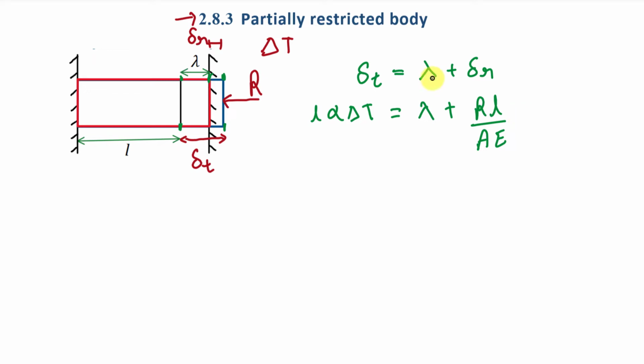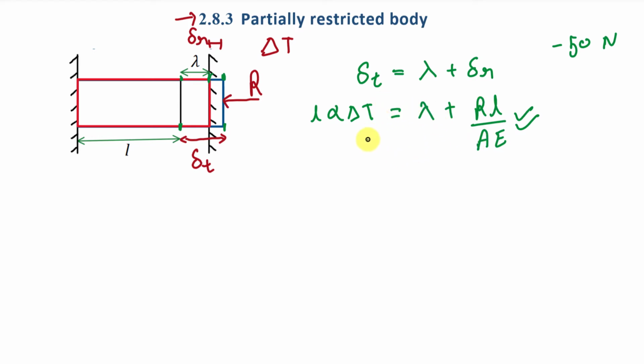Fine. And understand that this reaction R is a compressive load here, so you should take this R as a negative value. But right now I am going to keep it as positive, and at the end, whatever the value of R, let's say the value of R comes out as 50 Newton, then we will take this 50 Newton as negative. Now using this equation we can find the value of the reaction, and the other values will be given to you.